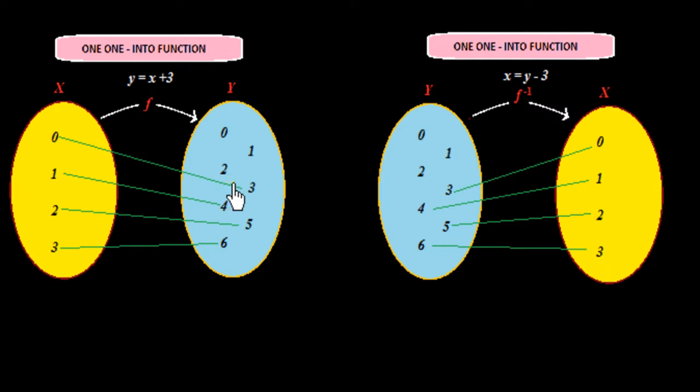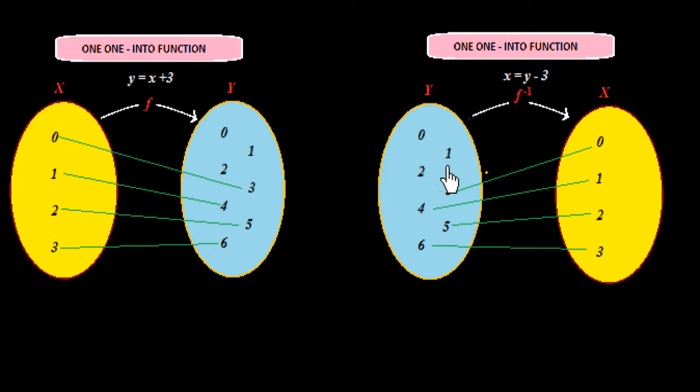If we try to make the inverse of this, we see what happens. If the set y would be on the domain side here, and the set x would be on the range side here, and we make the inverse of this function, x is equal to y minus 3. If I put here y is equal to 0, then there is minus 3.